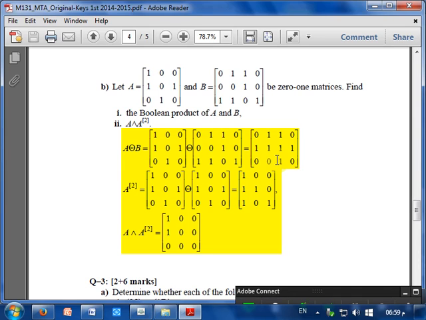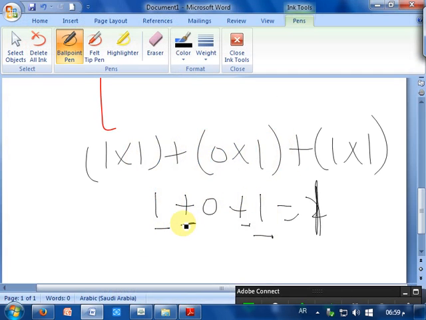Calculator allowed, I think. Okay, so if you get something like this, you do multiplication and plus.